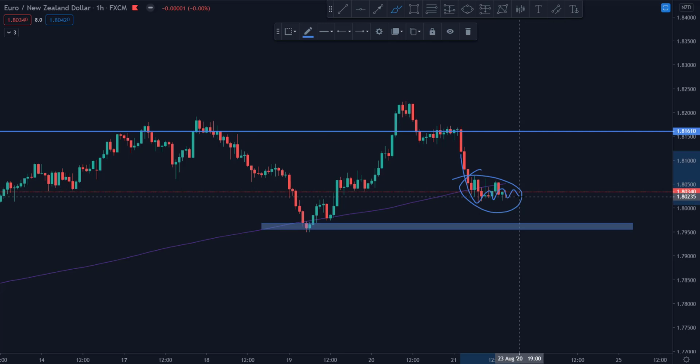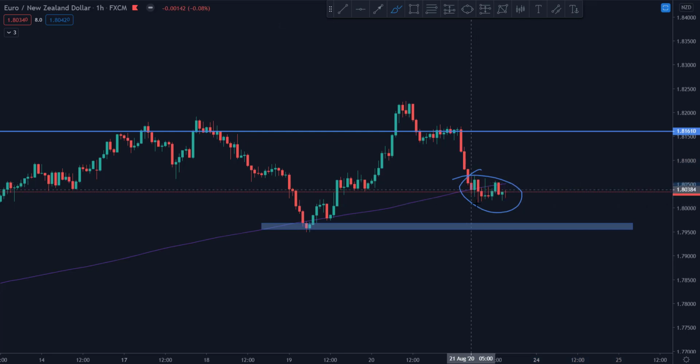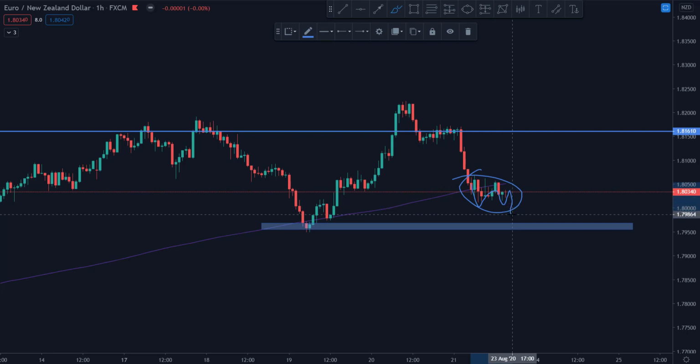Well, basically the price just makes a few more big candles, like bullish candles, or maybe the price just starts to go down with bearish candles, and then the only thing that we have to wait for is the bearish engulfing candle, right?